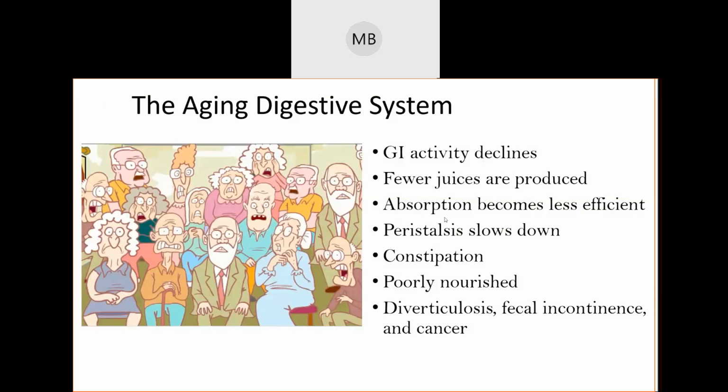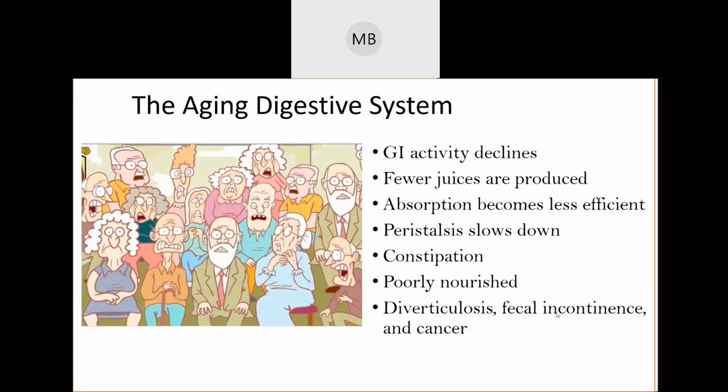Meaning these organs are going to also become less efficient at absorbing nutrients. Right? All the muscle work slows down, so peristalsis and segmentation are going to slow down. Things like that are going to lead to constipation because things are slowing down and getting stuck in there on the way out. So you're going to have fecal incontinence, constipation, that kind of thing.